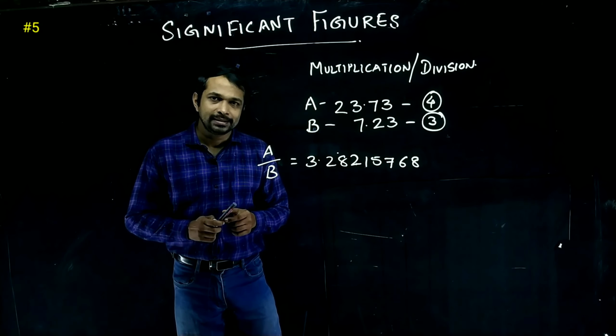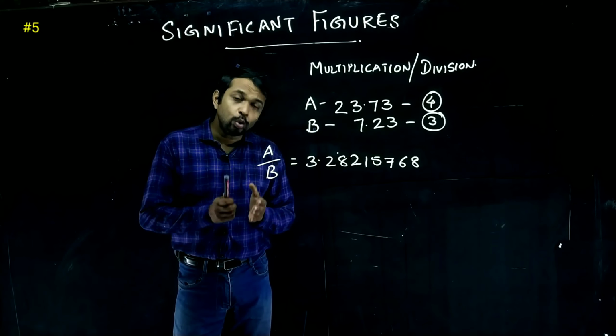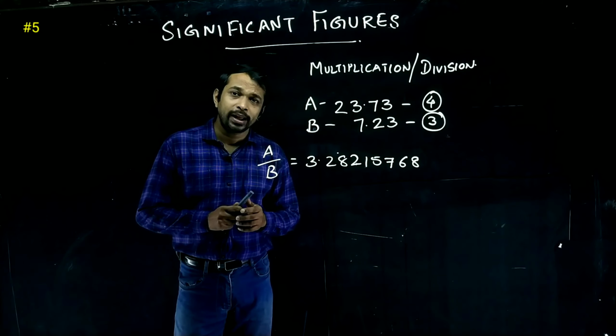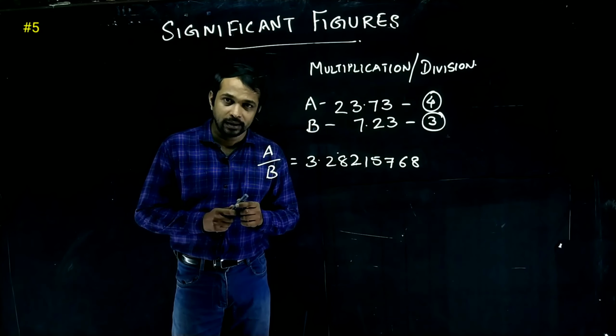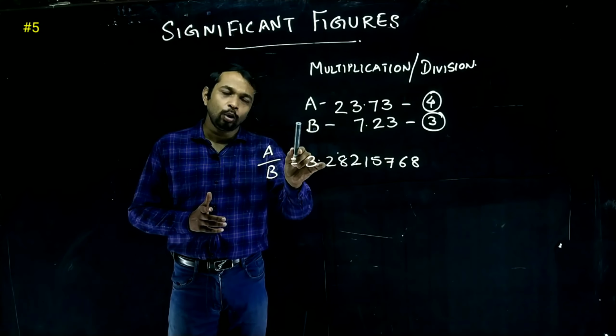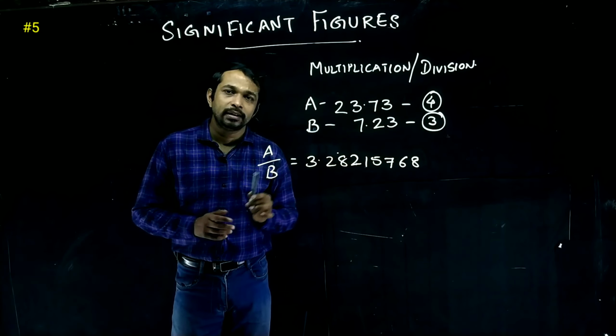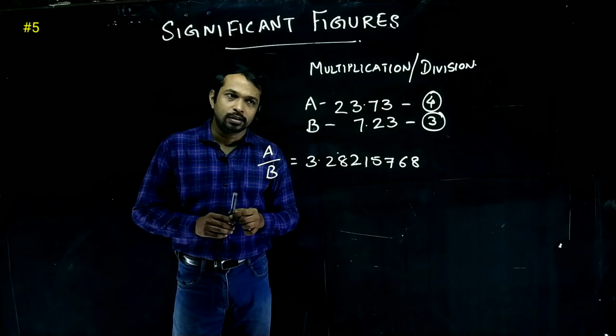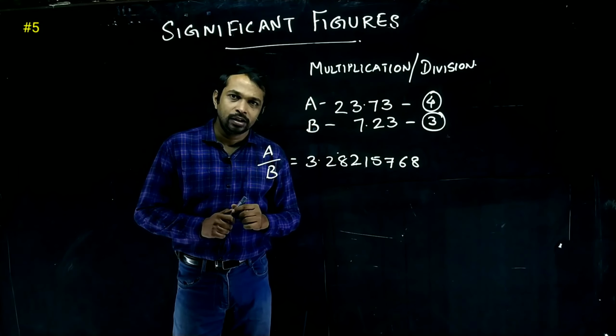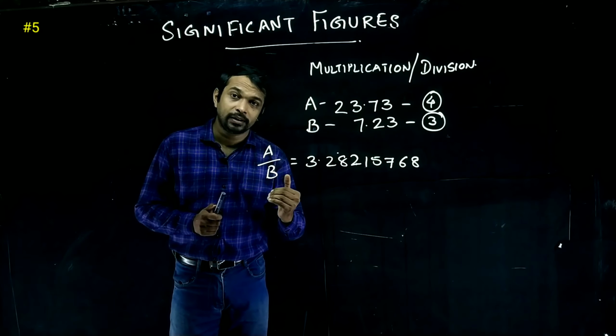The rule says, listen carefully, the resultant should have the same number of significant figures as the original number which has got the least number of significant figures. So among this A and B, which one has got the least number of significant figures?